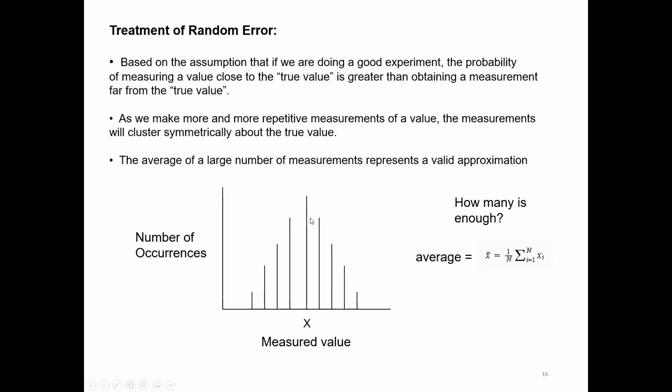When it's a good measurement, the measurements should be very close to the true value, so they should be concentrated in this region. When the measured value is off, it should be less and less probable. So if we make more and more repeated measurements of a value, the measurements will cluster symmetrically about the true value, and eventually give a Gaussian distribution around the true value.